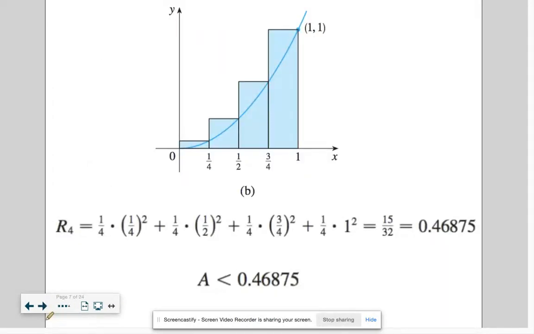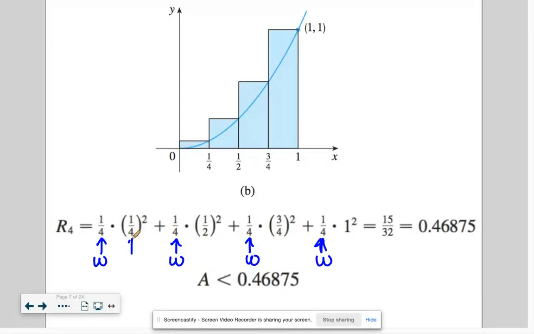All right, so here's a computation that's been completed just to show you what this may look like. Let me break it down for you. Right here, this is the width of the first rectangle. This is the width of the second rectangle, right? And so forth. These are all the width values, or base values, if you will.